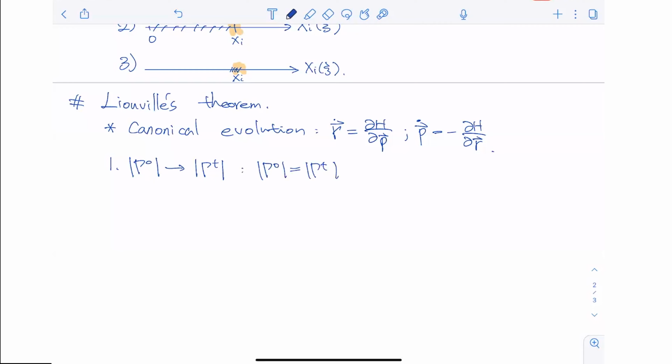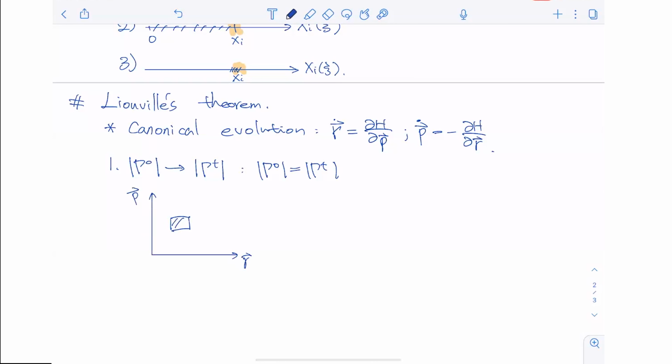Okay. So roughly the picture might look like this. So here is our phase space.